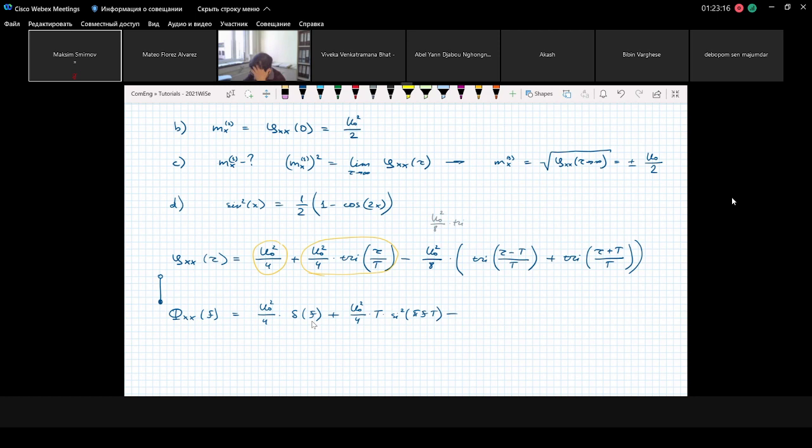We write it as u0 squared over 4 times triangular function of tau over capital T, convolved with the following expression: 1 over 2 delta pulse of tau minus capital T, plus 1 over 2 delta pulse of tau plus capital T. After the Fourier transform, this convolution will be converted to a product, and we get u0 squared over 4 times capital T, sinc squared of pi f capital T. I should change color.